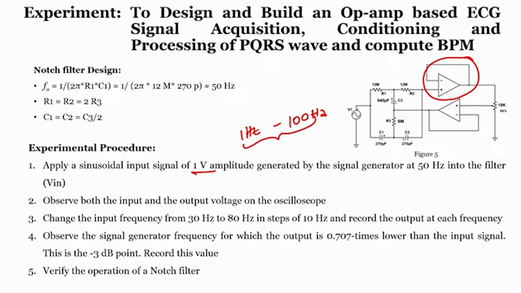That 0.707 factor corresponds to our minus 3 dB point. So, if we can find the frequency at which the output is 0.707 times the input, that frequency gives us the cutoff frequency of our notch filter, right.